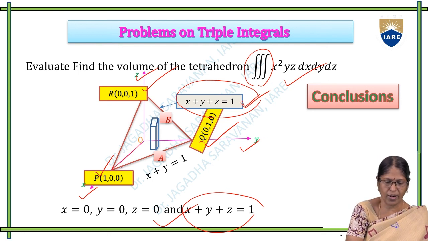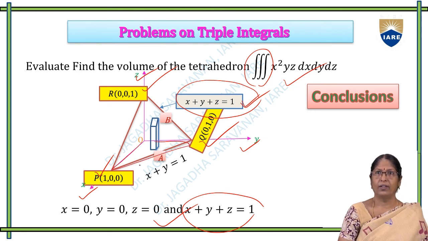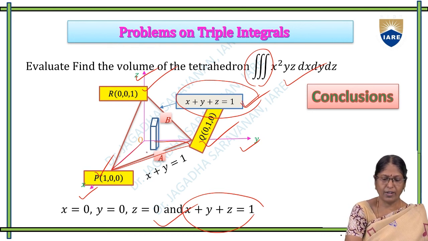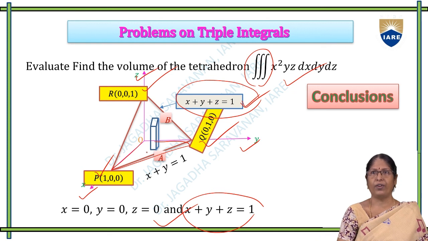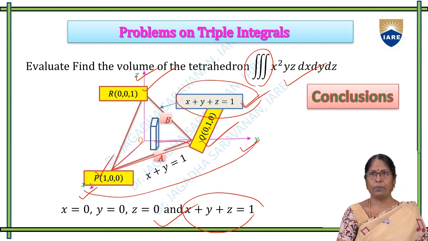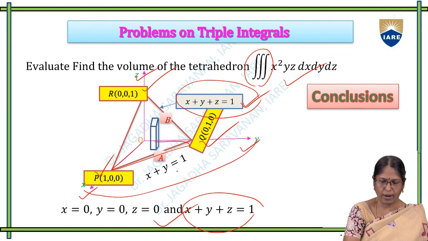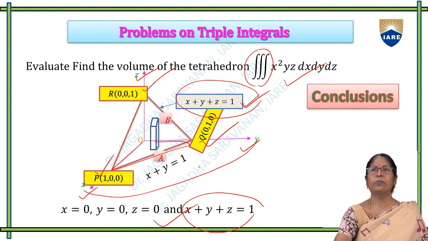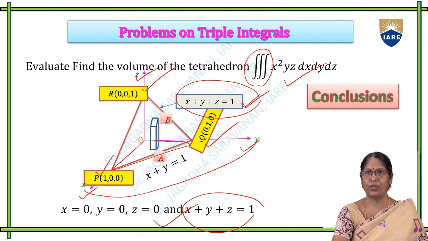When we concentrate on this surface, our vertical strip starts where it touches our surface, which is nothing but our xy plane. So when it lies in our xy plane, automatically z equals 0.